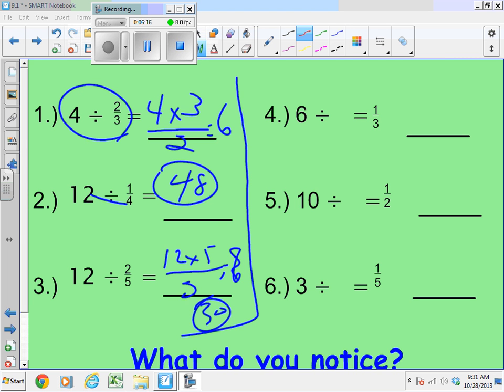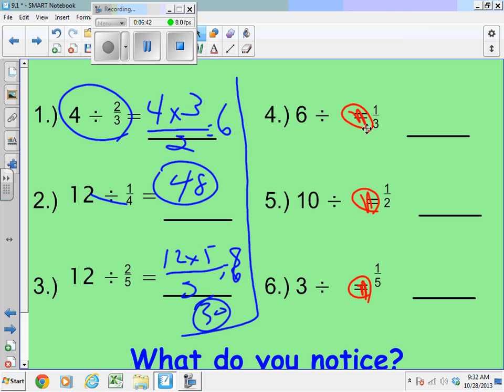Well, we saw that it was 6 divided by 1 equals 1/3. No, not blank. I see where your confusion is. I'm sorry, that's not what I wanted you to do.